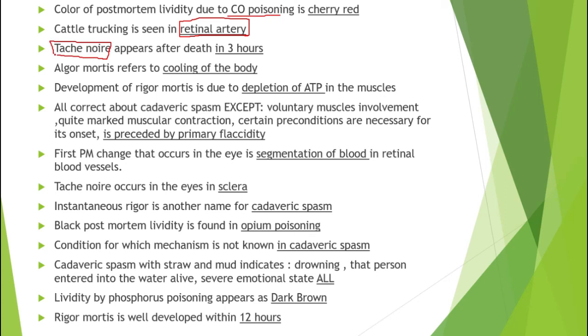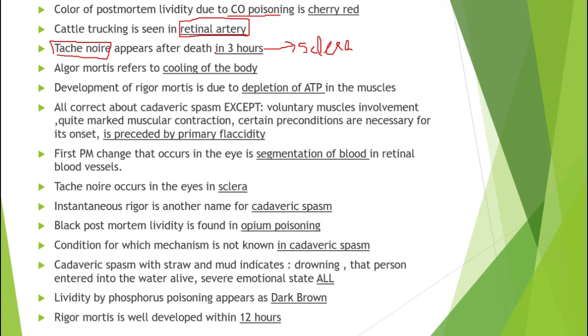It's Tache Noir. And Tache Noir appears after death in 3 hours. What's Tache Noir? I did not mention it in the lecture, but it is a rapid post-mortem change. It is the discoloration of the sclera. What kind of discoloration? It is a reddish brown discoloration of the sclera, and it occurs if the eyes are not closed and the sclera remains in contact with the air. So Tache Noir appears after death in 3 hours.